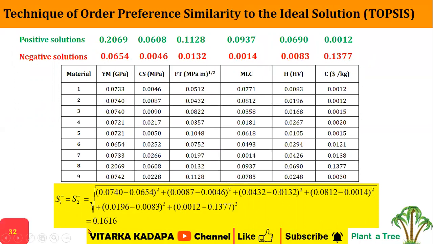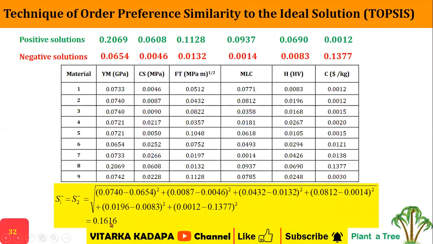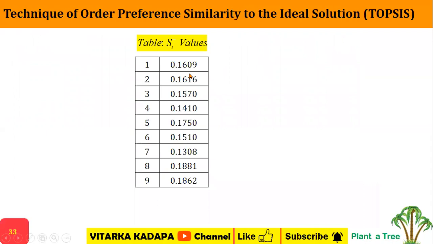So we get the value 0.1616 as our separation value. Like that you will do for all the values. I have taken the second alternative here, and these are the values for Si minus.